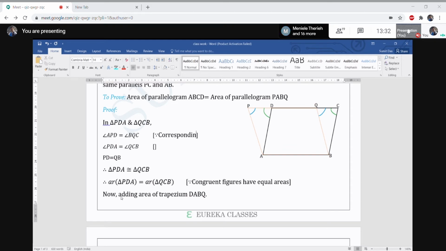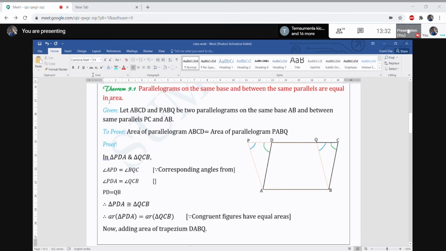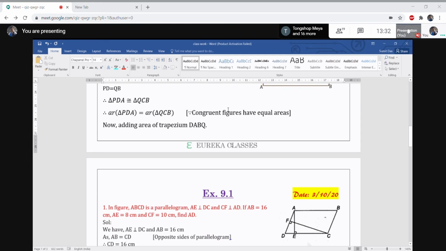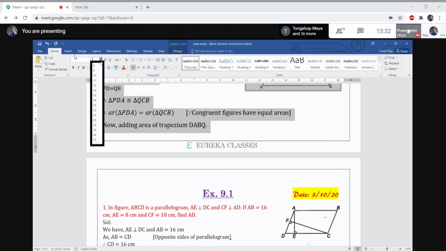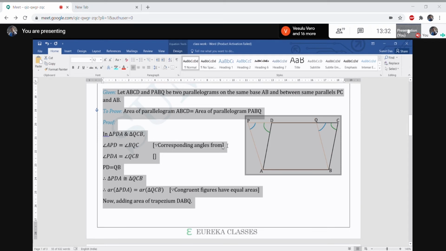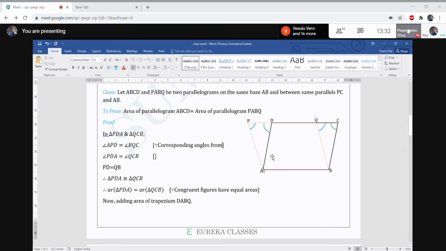They are corresponding angles. Why? Because look, PA and QB are parallel and PQ is a transversal.